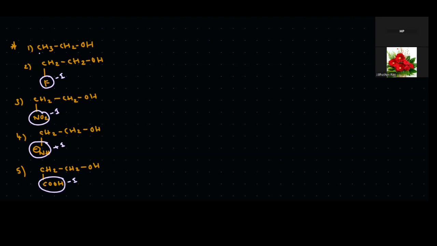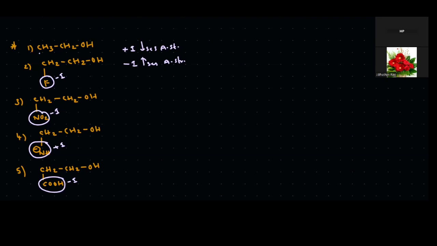Generally for alcohols, plus I decreases acidic strength. What about minus I? It increases the acidic strength. So which one is more acidic now? The second, third, and fifth compounds.